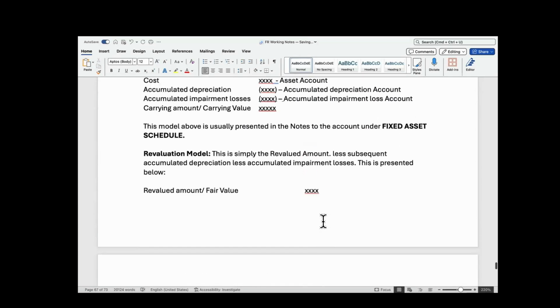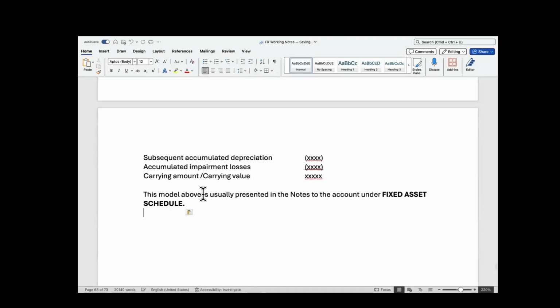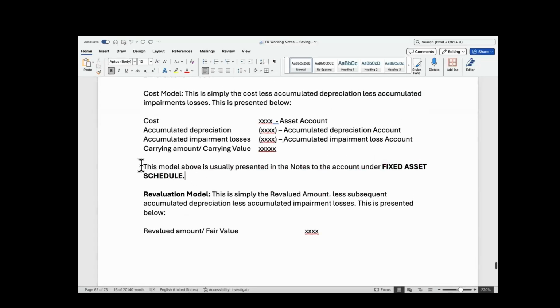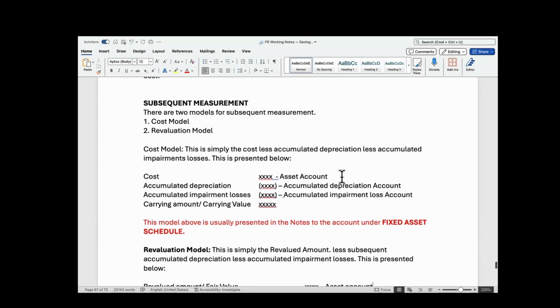Again, this schedule, let me write it again so it sticks. This model above is presented in note accounts under the fixed asset schedule. Let me even put it in red so you know that. So this one, the revalued amount, you find it in the asset accounts at cost. That's the component of cost we discussed above.